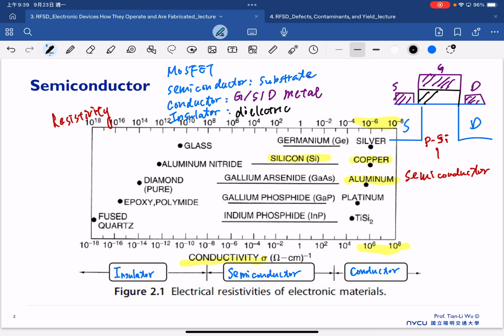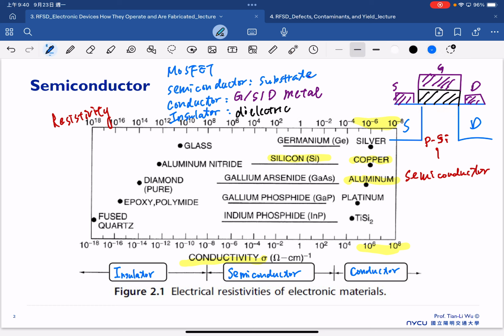So this is our dielectric. So we also need to have the insulator in this region, because this insulator has a particular function that allows us to form the electrons in the channel. And also this insulator can help us reduce the leakage current, which we will talk about later.